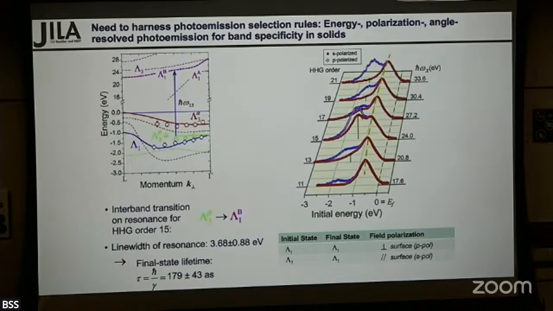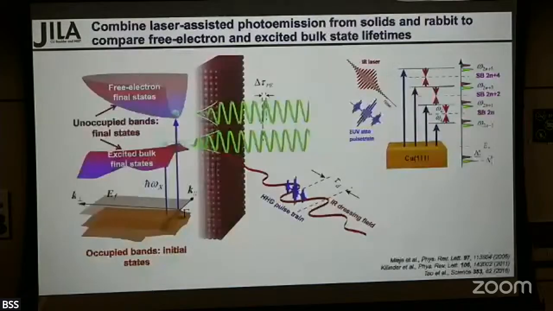All right. So how are we going to measure how long the electron stays in this state before it makes it out of the material? And for that, and keeping the ability to select which final state, so we couldn't just use very broadband light, we're going to use an interferometric technique.